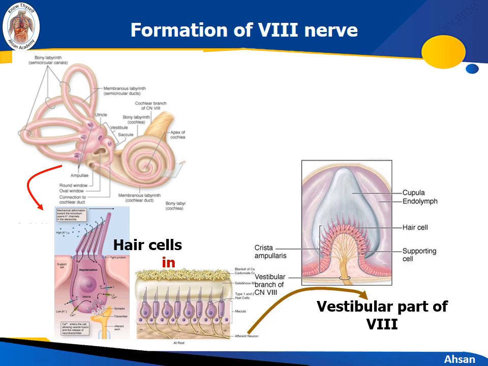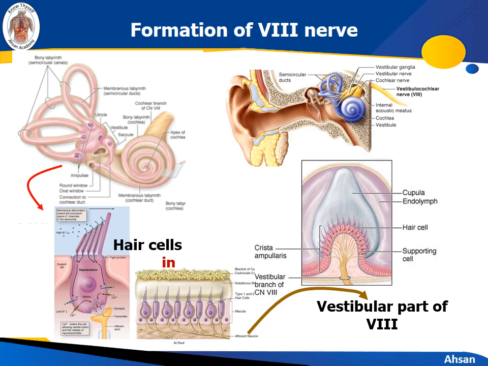The central process makes the vestibular part of the vestibulocochlear nerve, coming out and passing with the facial nerve through the facial canal. You see this is the position in the petrous part of the temporal bone. The canal opens into the posterior cranial fossa, and finally the nerve goes to the brain to identify the impulse initiated by the receptors.